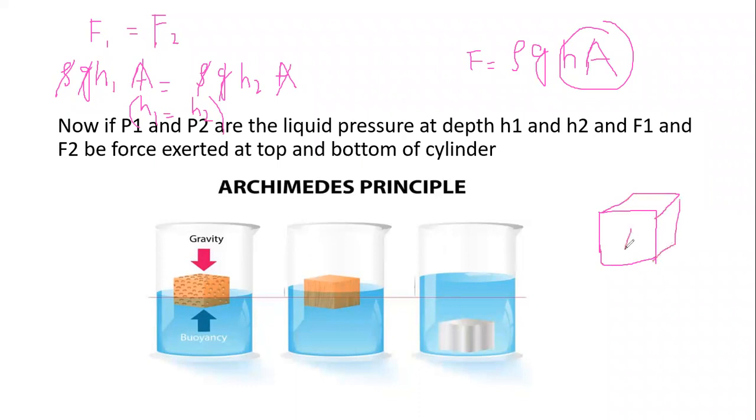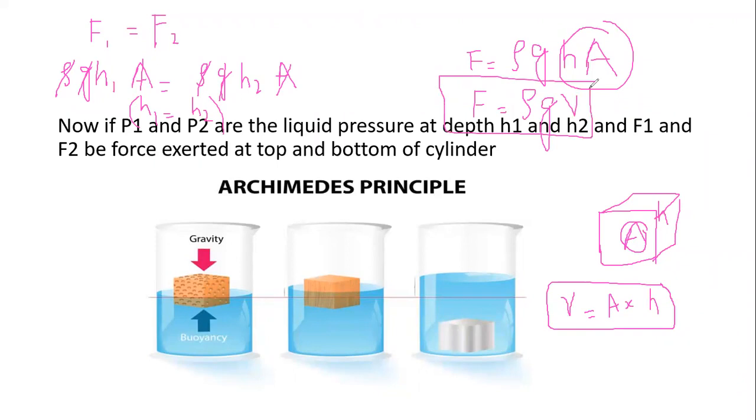So it must be volume, that is area into height. We are given area and height, so area and height equal the volume of the substance or the cylinder. So putting the value there, F equals rho g V. So this is the complete derivation, and this must be equal to F equals rho g V.